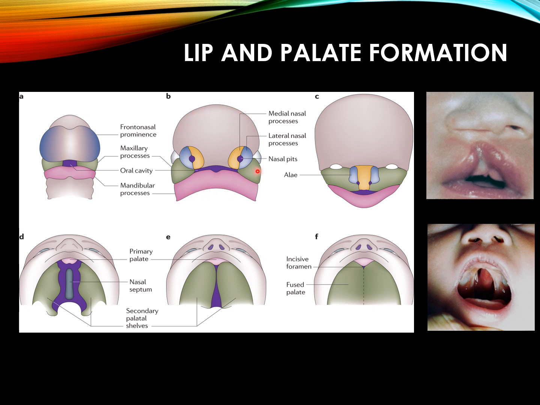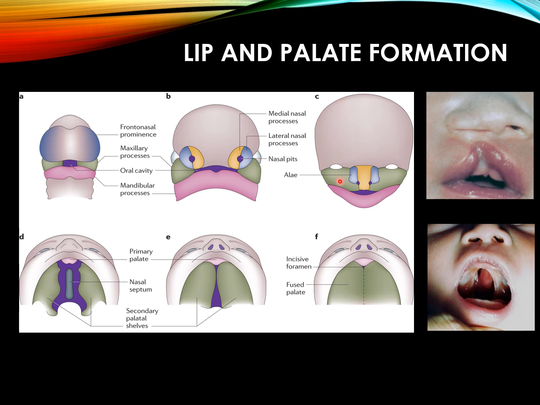Sketch B shows the formation of the nasal pits, which occur by the fifth week and lead to formation of the paired medial and lateral nasal processes.